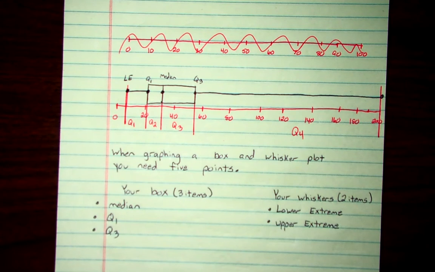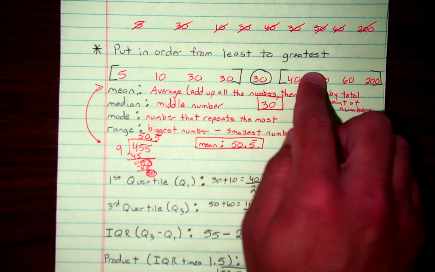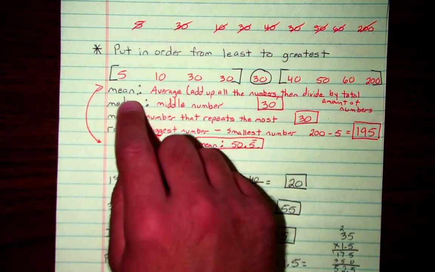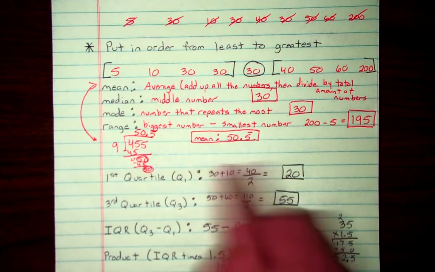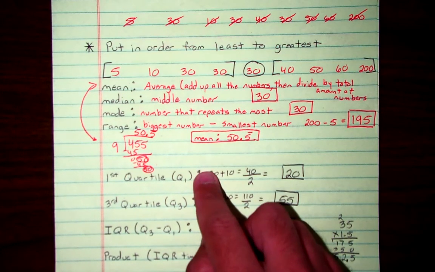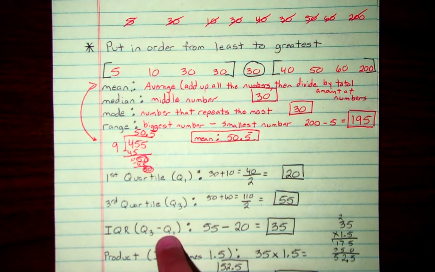So, we did a lot in this video, guys. We started with putting the numbers in order from least to greatest. We found the mean, the median, the mode, the range. From there, we were able to figure out the first quartile and the third quartile, the IQR, the product.